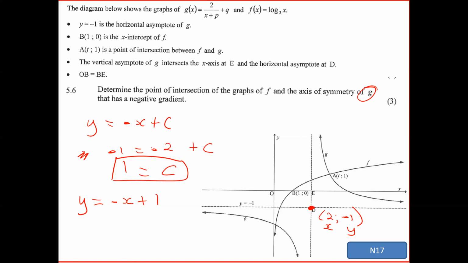Now, we carry on reading the question. It says determine the point of intersection of the graphs of F and the axis of symmetry of G that has a negative gradient.